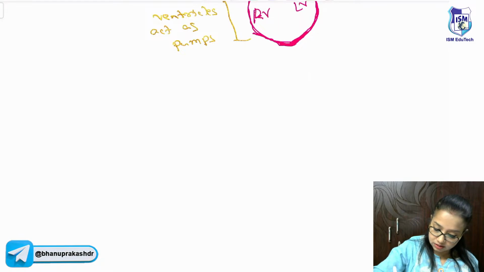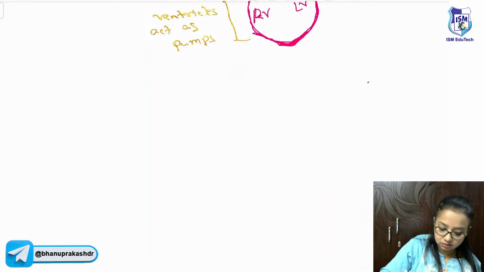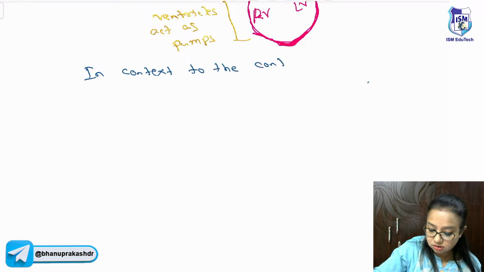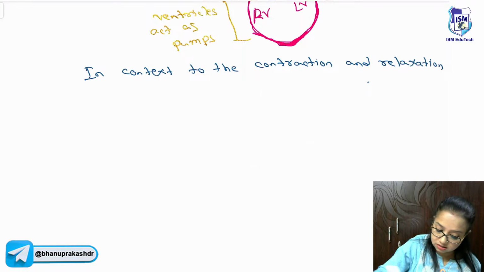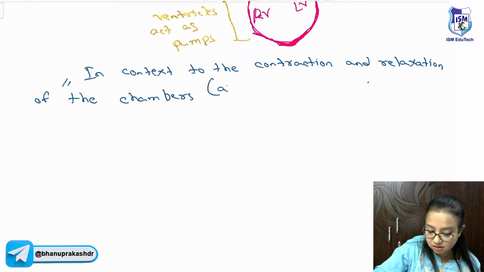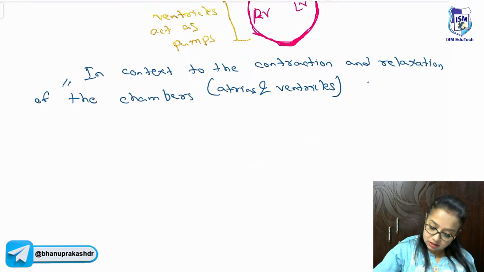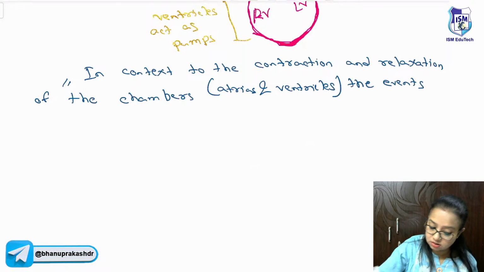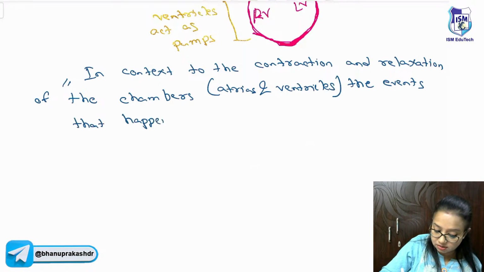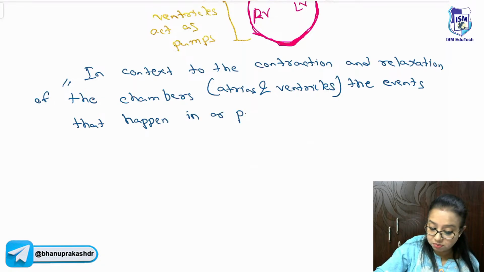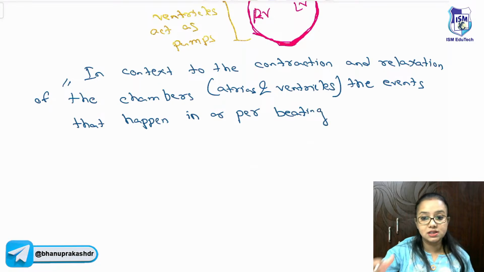So, in context to the contraction and relaxation of all the chambers, meaning the atria and the ventricles, both, the events that happen per beating, like every time the heart contracts and relaxes, it makes one beat.